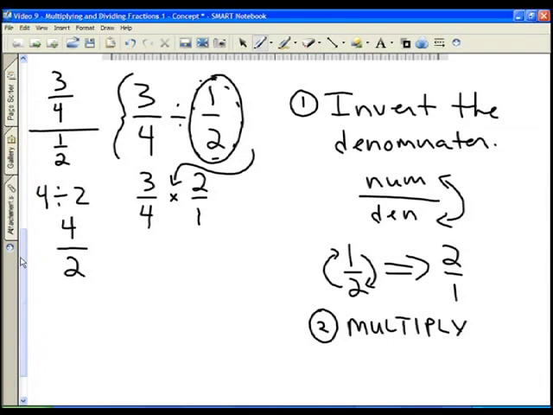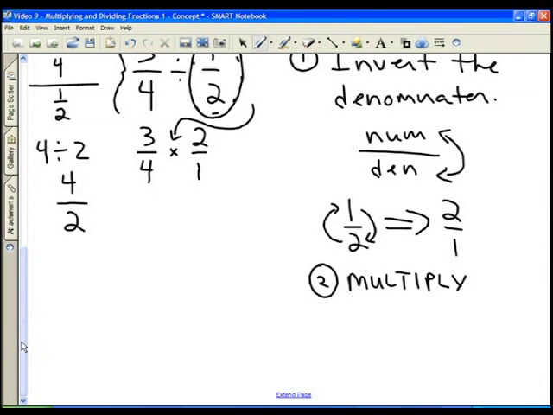And now we have to multiply the fractions, which is considerably easier. Multiplying straight across the top, here we get 3 times 2 over 4 times 1. 3 times 2 is 6, and 4 times 1 is 4. So we get 6 over 4.